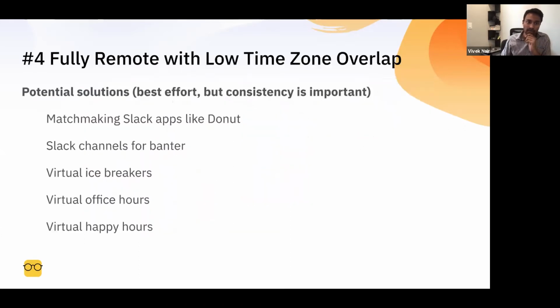Cool. And also, this is the same sort of tactical list as I was showing in number 3, but it's going to be much harder to do given that you're across time zones. So things like Donut, Slack channels for banter, virtual icebreakers, virtual office hours, virtual happy hours, all those are super important. But make a best effort about it.